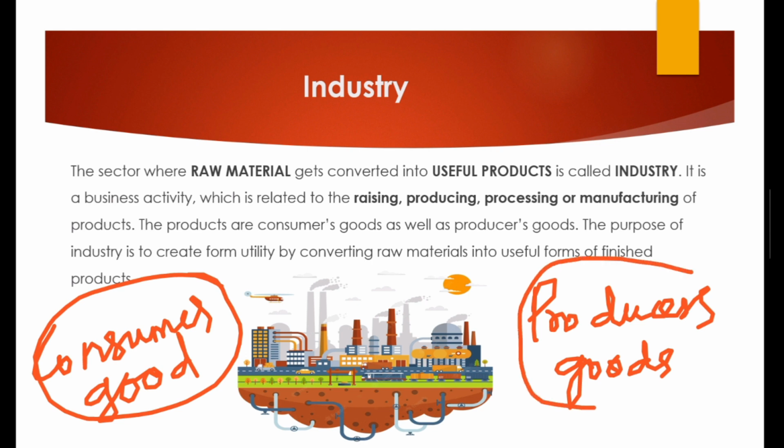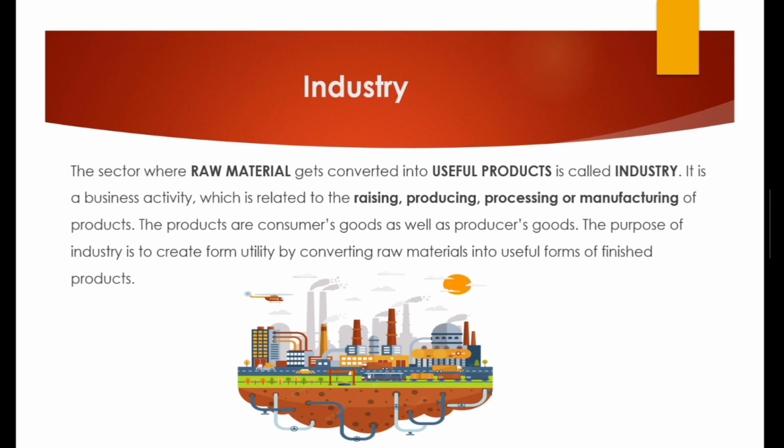Examples of producers goods are machinery, tools and equipment, all such goods which are useful in producing more goods. The purpose of industry is to create form utility by converting raw materials into useful finished goods. So this is for industry.